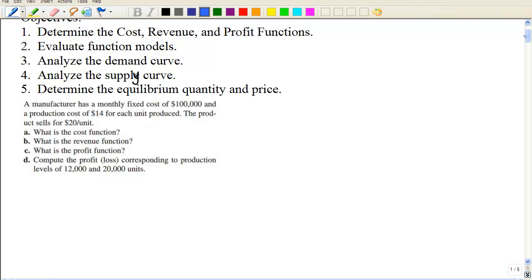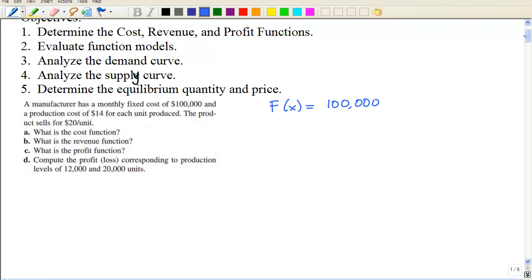Alright, so this first example says a manufacturer has a monthly fixed cost of $100,000. So I'm going to use capital F for fixed cost. That would mean like your rent, insurance, things like that, things you have to pay every month regardless of whether or not you make money.